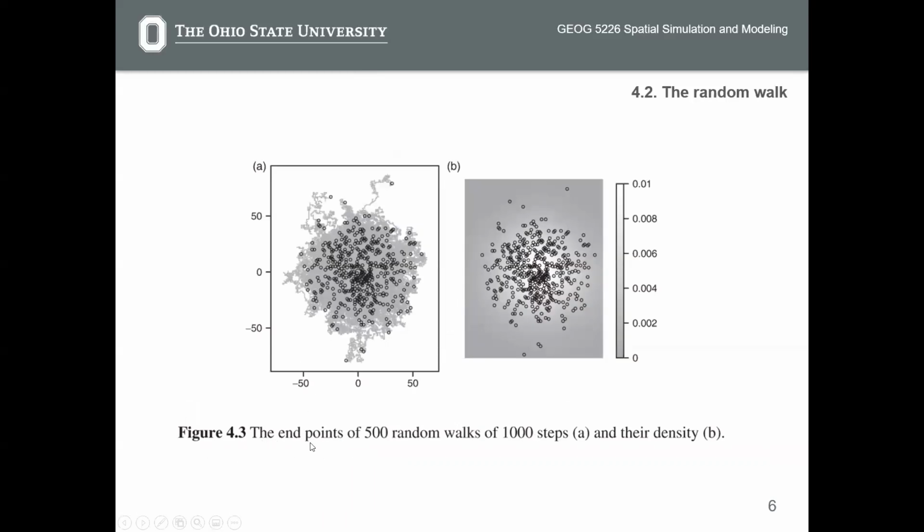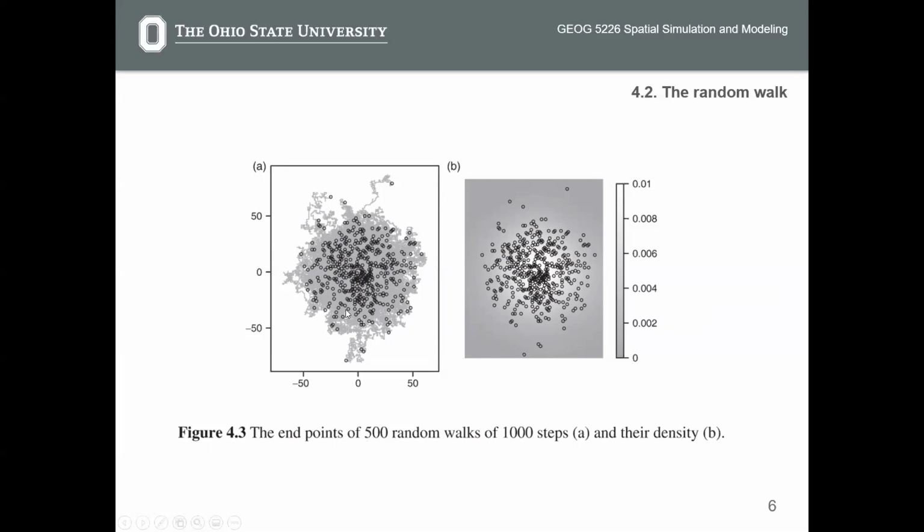And the end points of 500 random walks of 1,000 steps and their density. Each point here is an end point. So let's just assume there were 500 simulations.